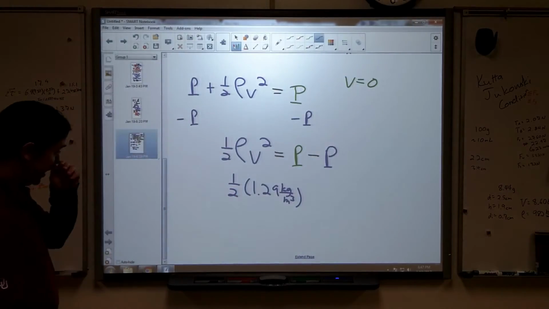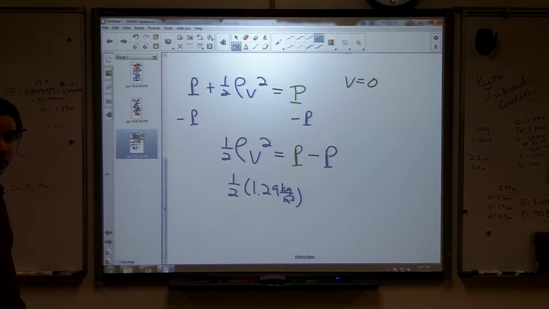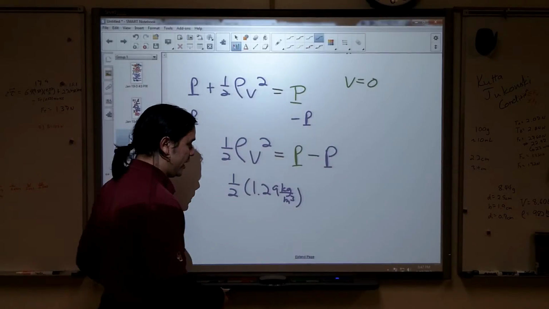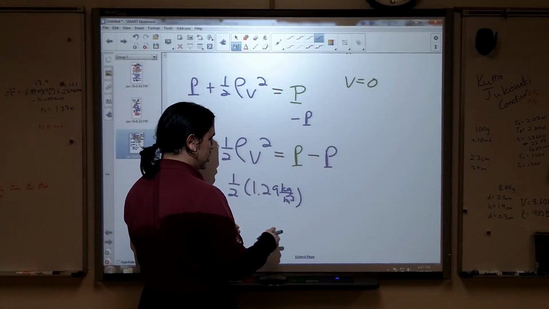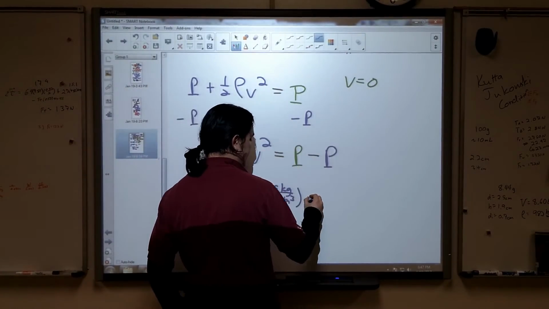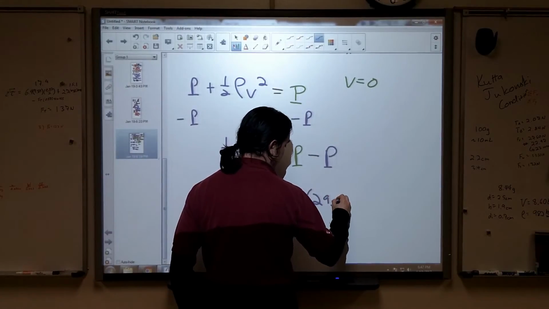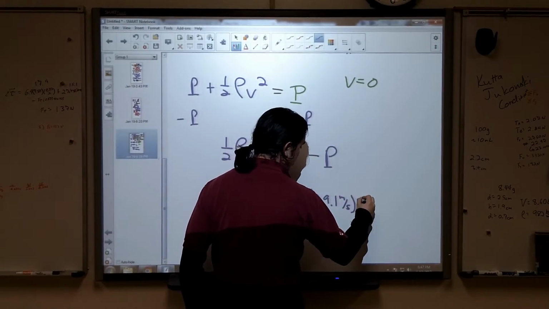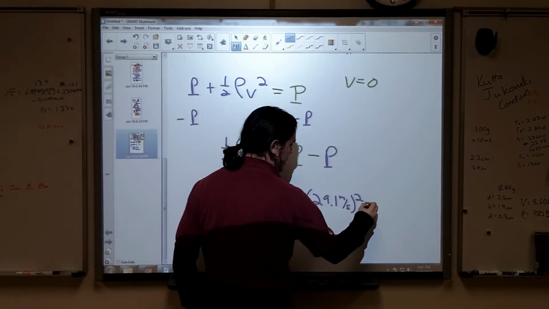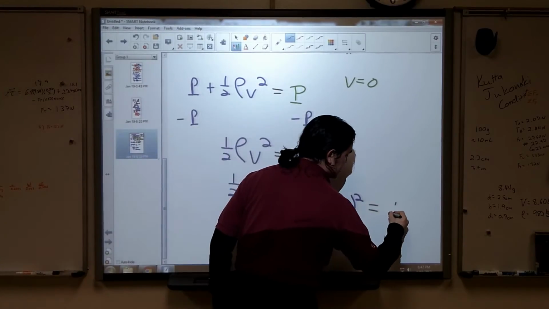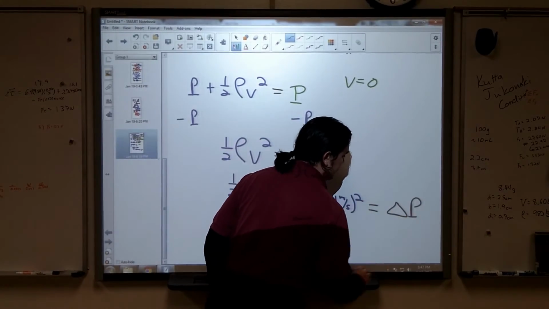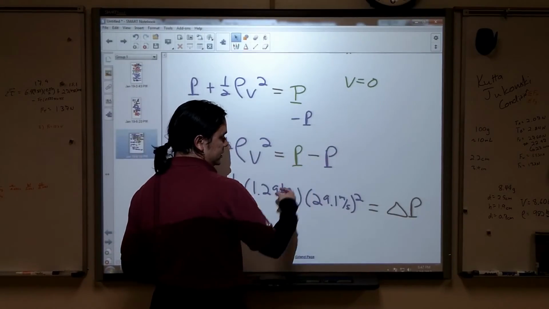Technically, this is the density of air at about probably 40 degrees Fahrenheit. The temperature will actually cause the density to change ever so slightly. And then v squared, we said that the velocity was 29.1 meters per second, quantity squared, and that is going to be equal to, we could call this delta P. It's our difference in pressure.